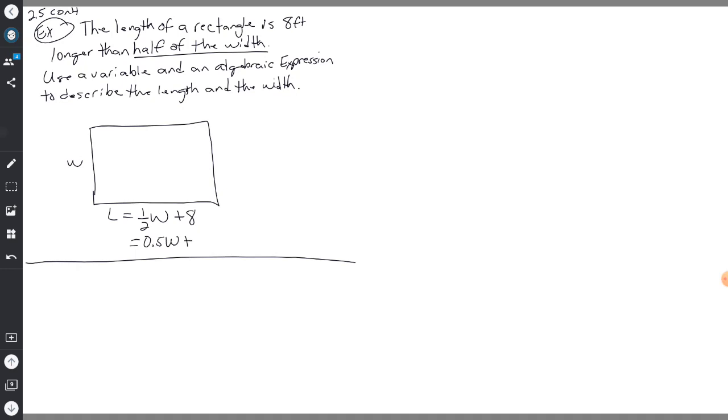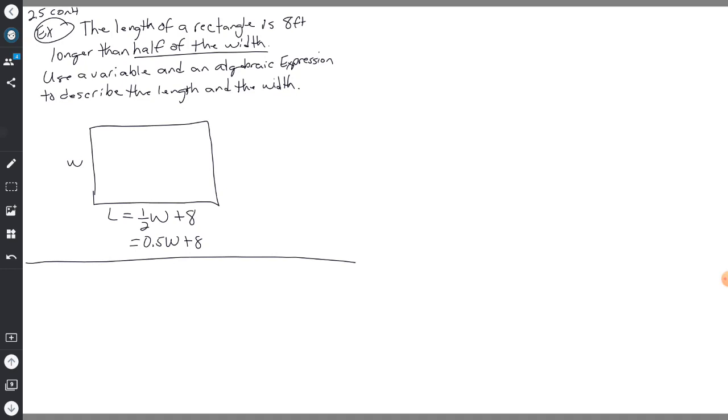I'm confused. The length of a rectangle is 8 feet. You said it was half, and I'm like, oh, that's 4. But I was completely off. When it's like the length of a rectangle is 8 feet longer than half the width, that's how we have to write it.